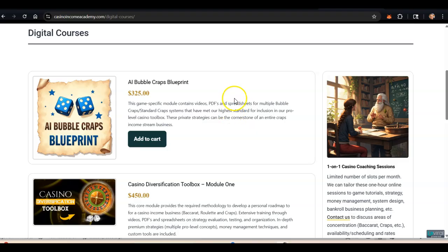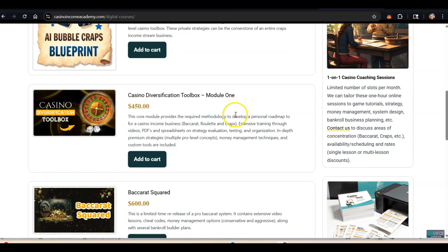We have another module coming out at the end of September, and it's not craps. So when that comes out, you're going to have 2 modules available with incredible systems to play along with the systems that I've included here in the Casino Diversification Toolbox.